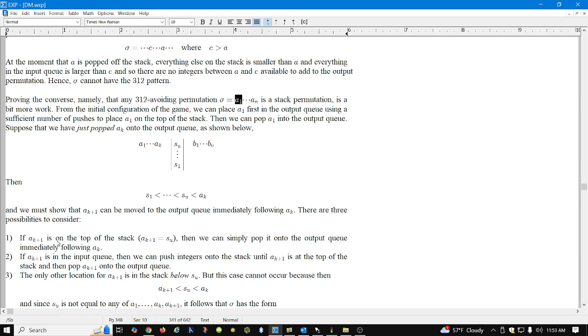If AK plus 1 is on the top of the stack, if it's SU, then of course we just do a pop and we're done. If AK plus 1 is in the input queue, that's not a problem because we can always push onto the stack everything in front of AK plus 1, then push AK plus 1 onto the stack and immediately pop it off. It'll follow AK.